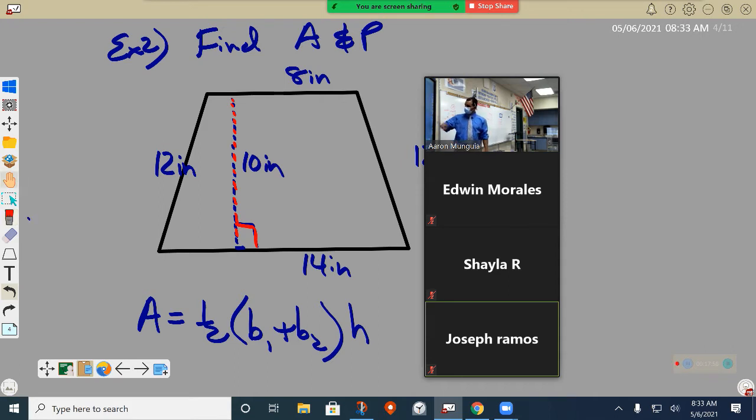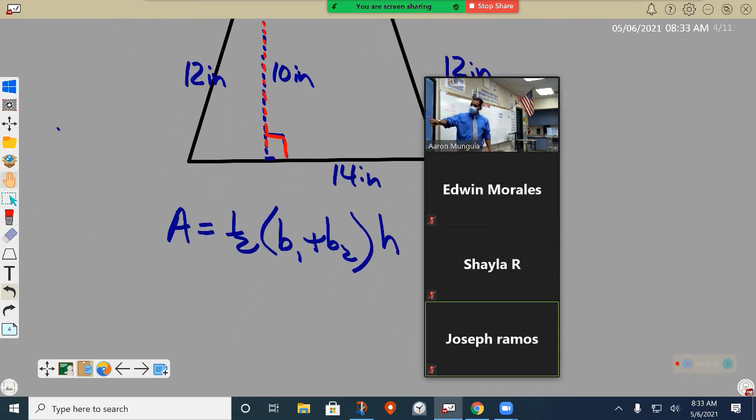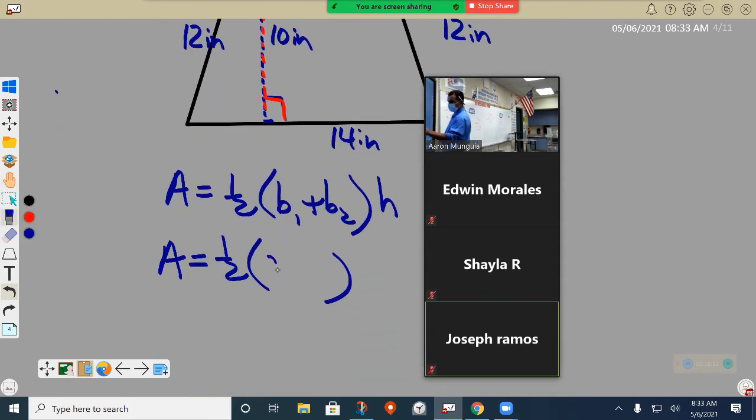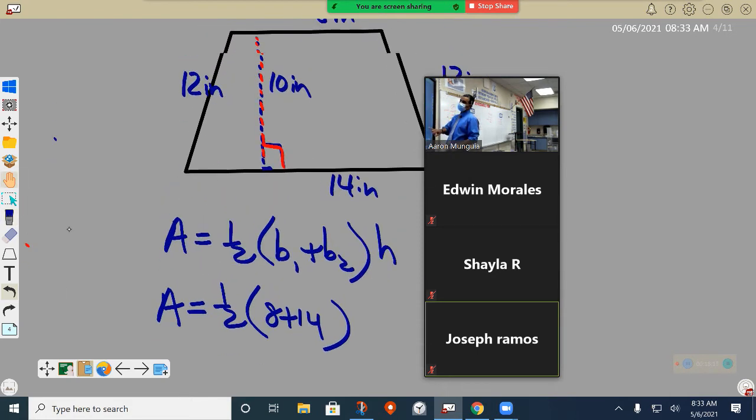Here we go. The area then of a trapezoid is 1/2. The two bases are 8 and 14. And the height is 10.